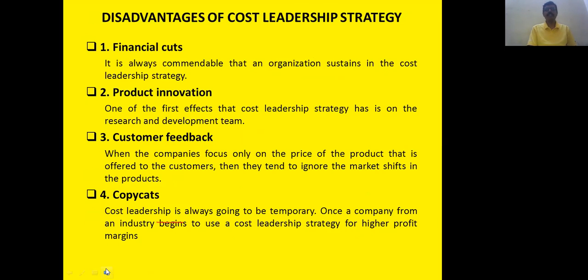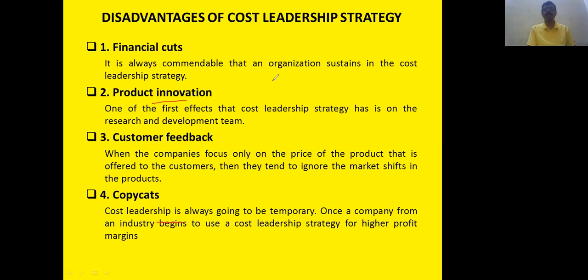What are the disadvantages of cost leadership? Well, first and foremost disadvantage of cost leadership is margin per unit will be very, very low. So they have to go for economies of scale in sales. Next one is product innovation.